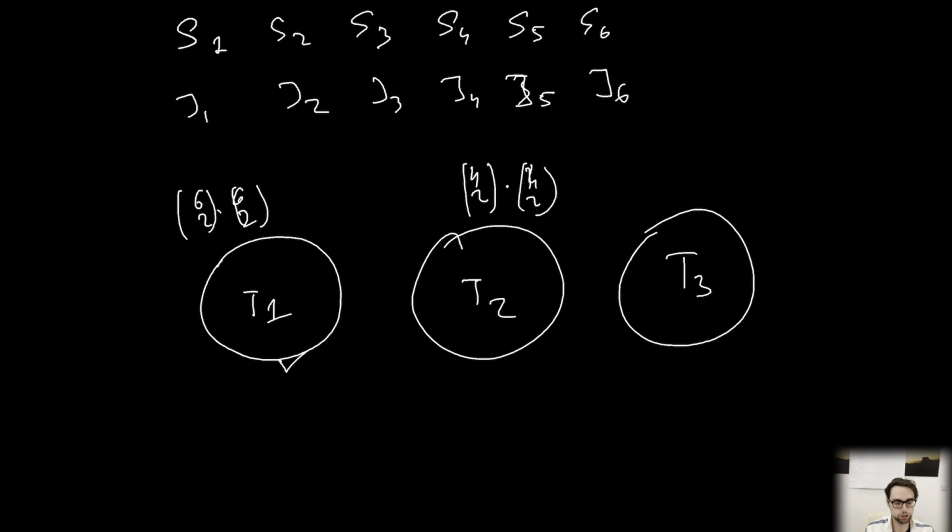These create their own branches. You can think about this as branching. We picked this pair of seniors, then this pair of juniors, and then this pair of seniors. We could have picked another pair of seniors. There are 4 choose 2 ways to pick these seniors, and each one has its own branch.